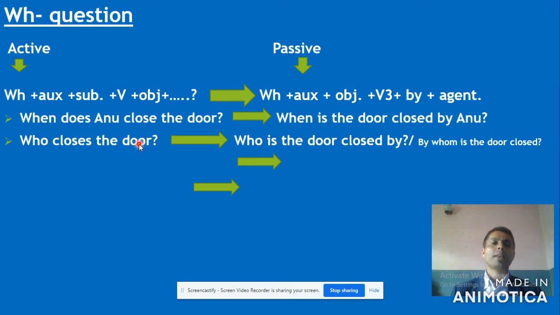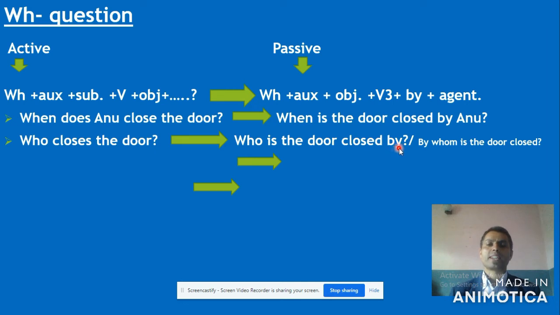I mean simple present here. So if this is present simple, we should add "is" here, because the door is a singular subject, so it is "is the door". Who is the door closed, obviously from that structure we should write "closed by".